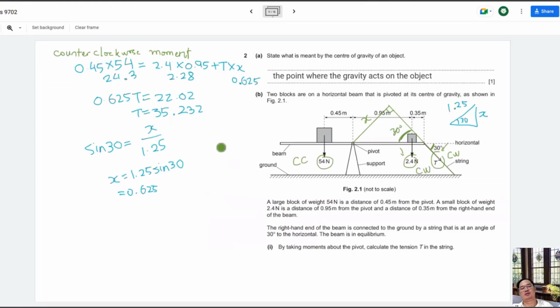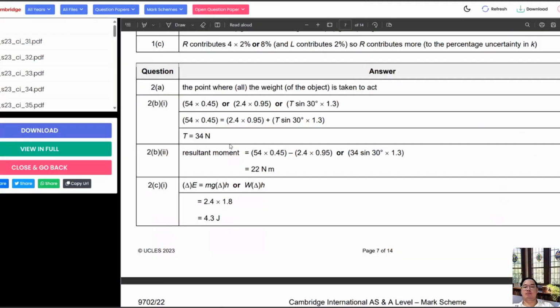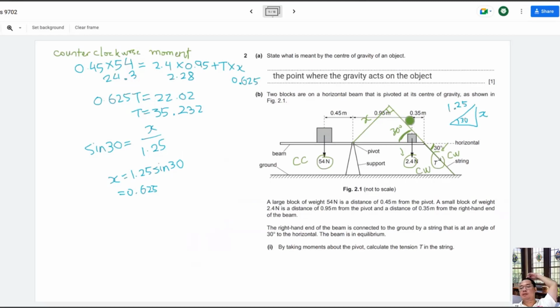It's a bit different. Why? Answer is 34. I think because they rounded many times instead of one time. Tension times sine 30 times 1.3. Oh, 1.3. 0.95 plus 0.35 is 1.3, not 1.25. Also, that's why your result is a little bit different from the answer, but not accepted. Be careful.